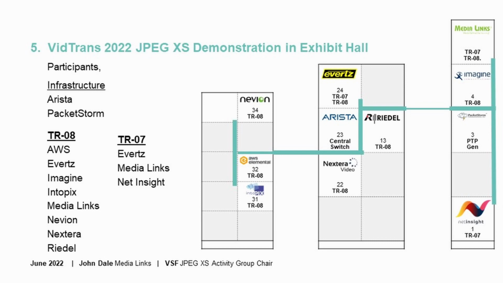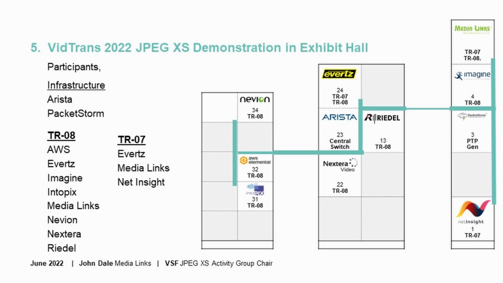This was what we had down in the exhibit hall. You see that for TR08, we had more participation, so a number of companies there, and fewer folks on the TR07 side.